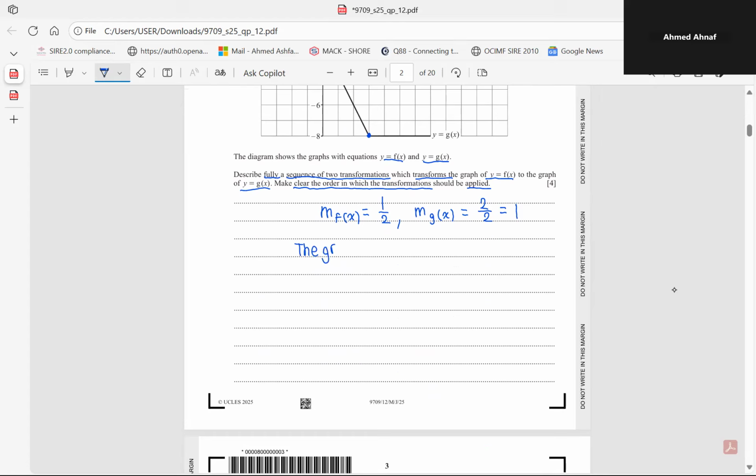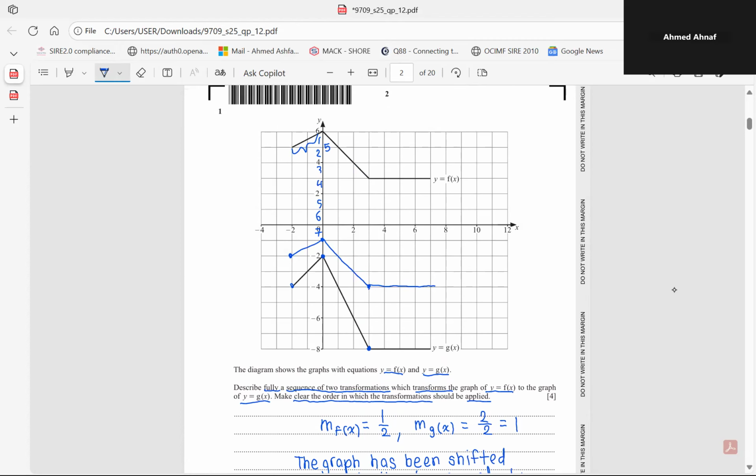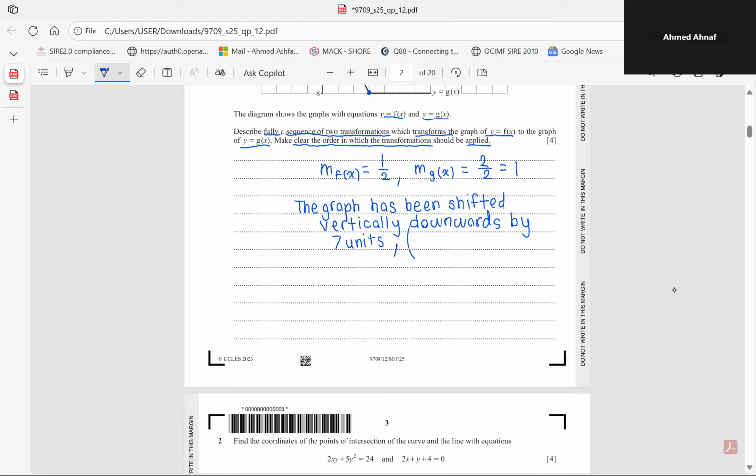So hence we can say that the graph has been shifted vertically downwards by 7 units. Write down the vector as well. So here the vector would just be (0, -7).